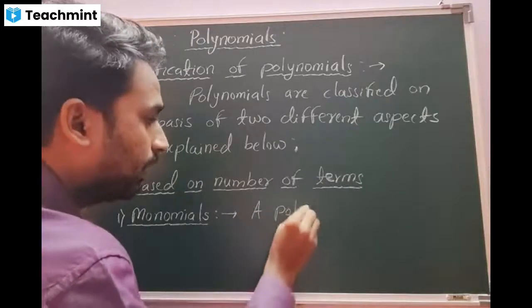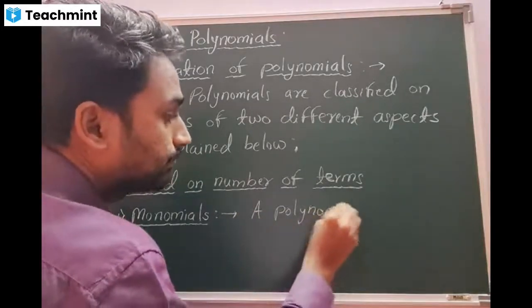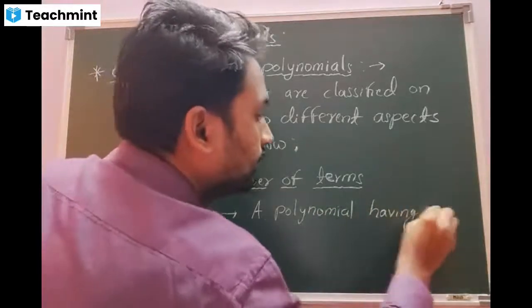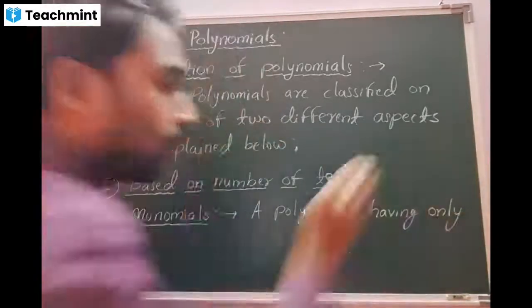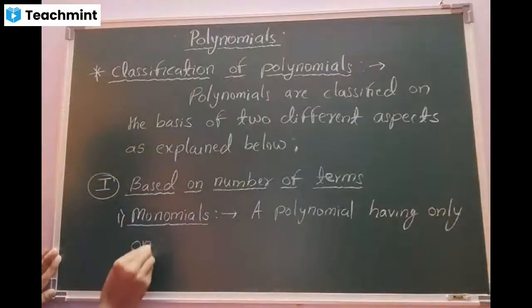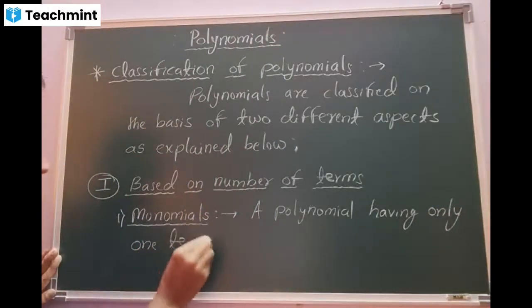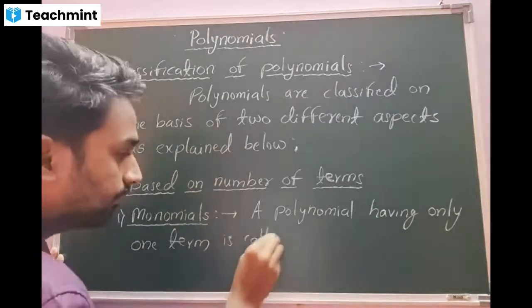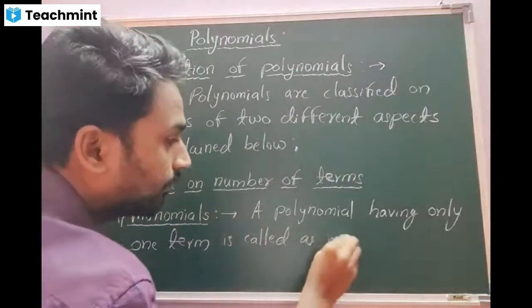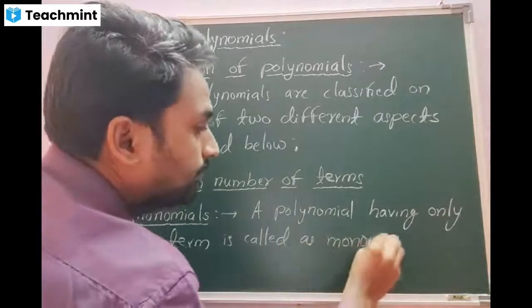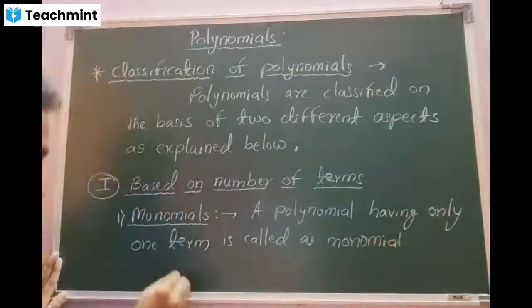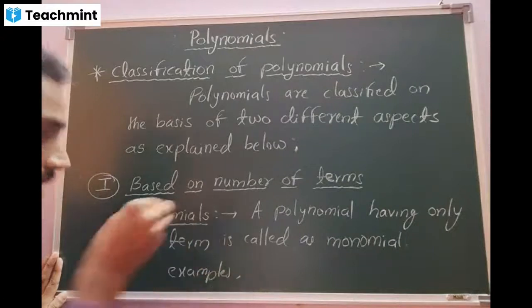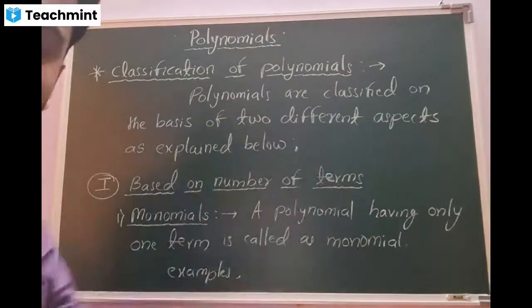A polynomial having only one term is called a monomial. Below, write the examples, beta. We'll go for 2 to 3 examples.